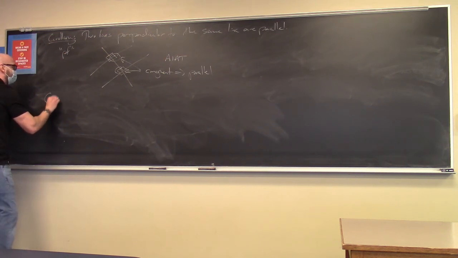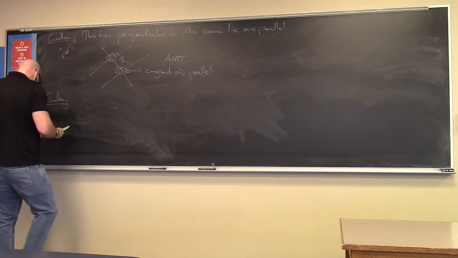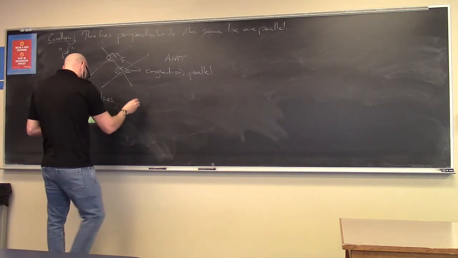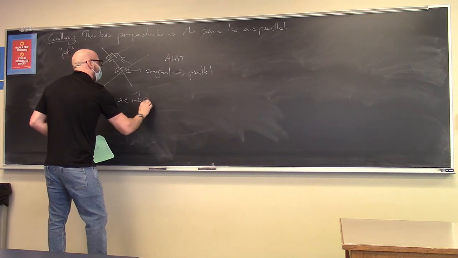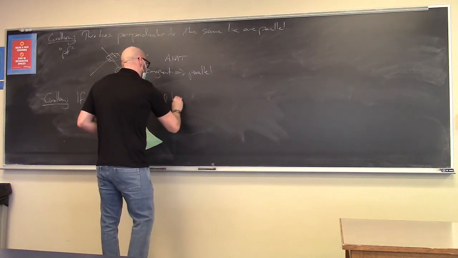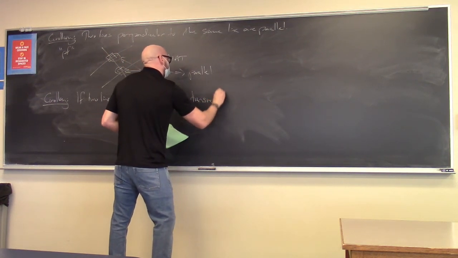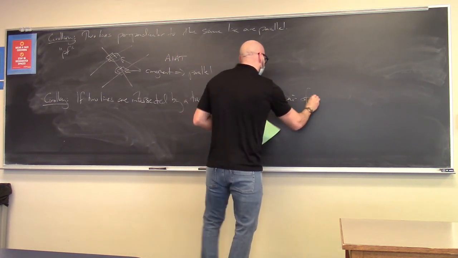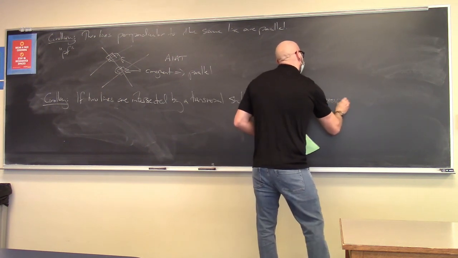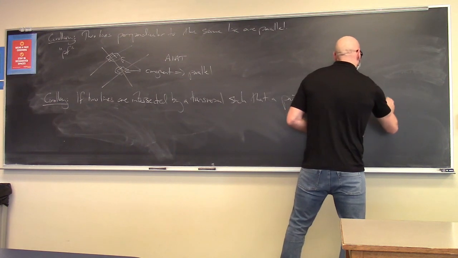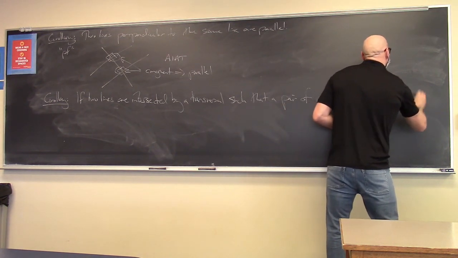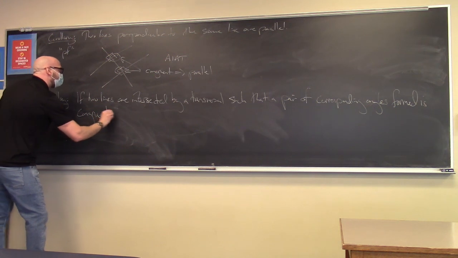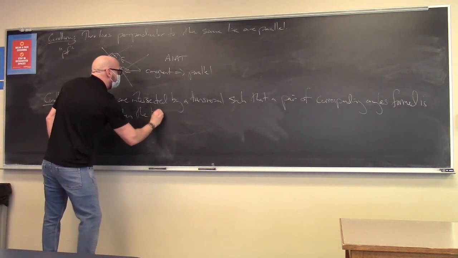Here's another one. Let's see. If two lines are intersected by a transversal such that a pair of corresponding angles formed is congruent, then the two lines are parallel.